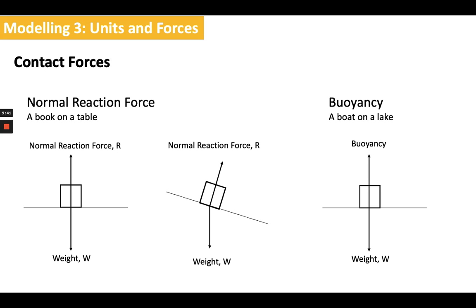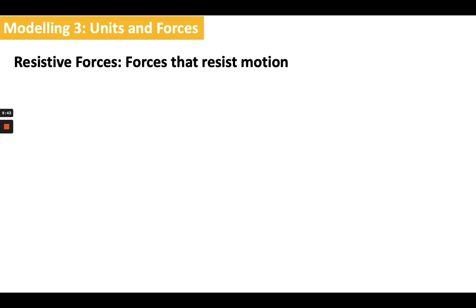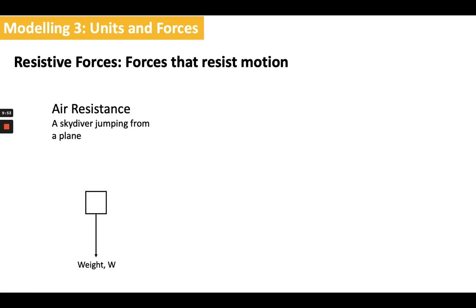Now, I've got one more type of force to look at, and that is the resistive forces, or forces that are resisting against motion, and there's two key types here. I've got air resistance, so again, we'll look at this skydiver jumping from a plane. If I have the weight downwards, that body, the person jumping from a plane, will actually feel some resistance on them, and that is caused by the air resistance.